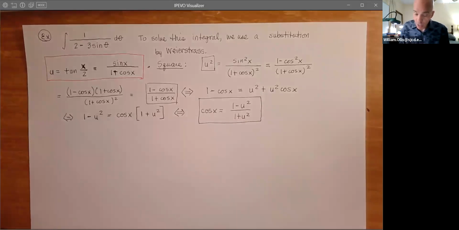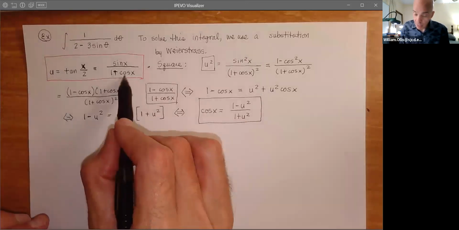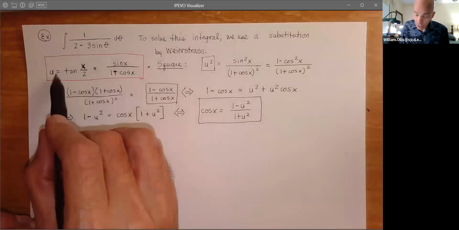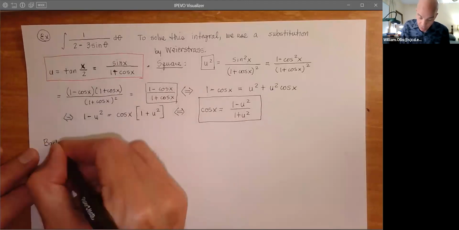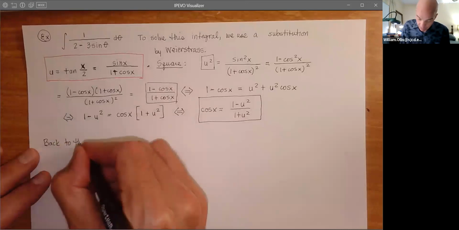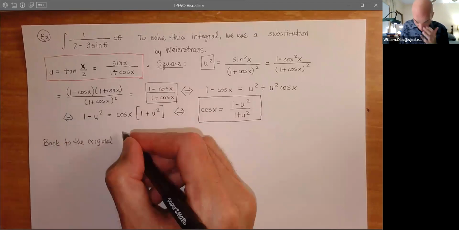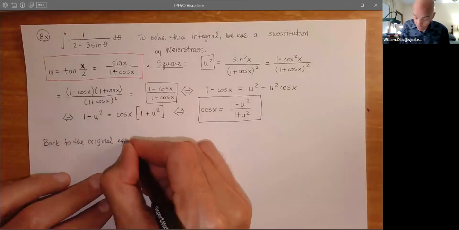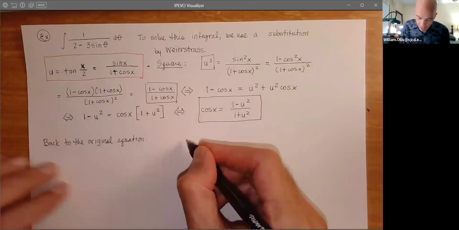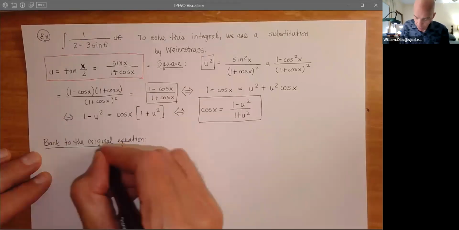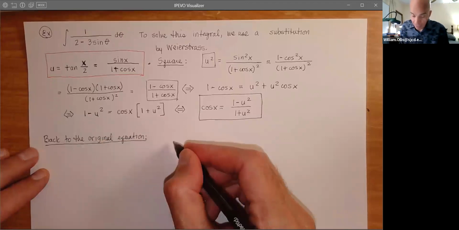Now, notice here, when we made this substitution, we know what cosine is. This is one derivation that's worth doing. We can't do everything, but this is a fun one, and it's worth knowing.